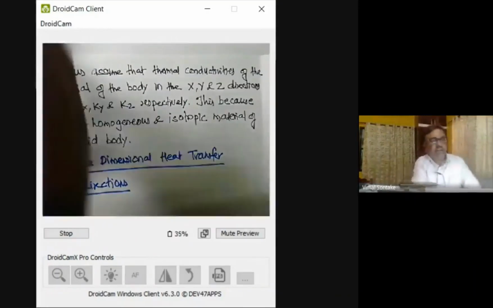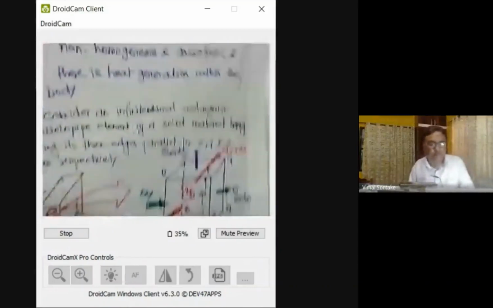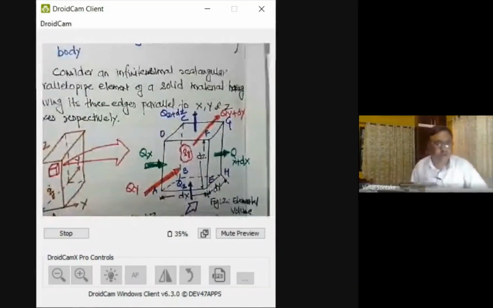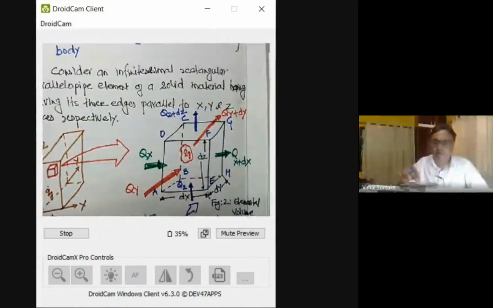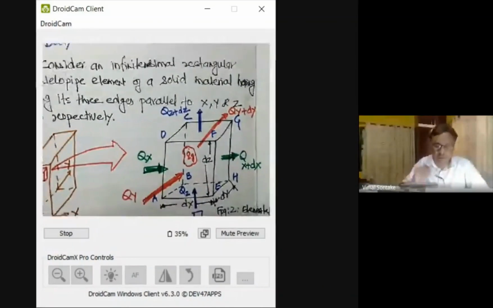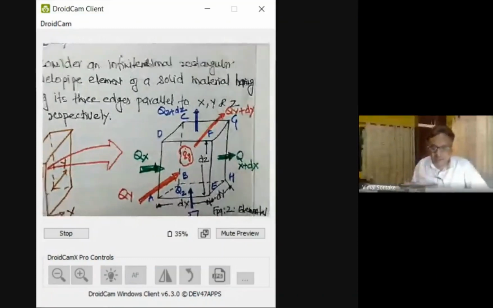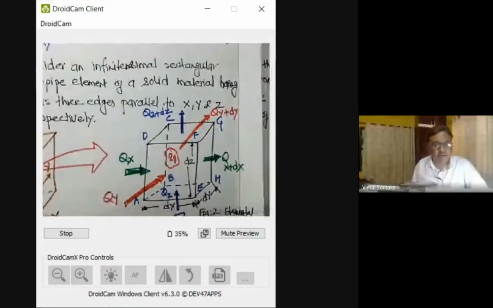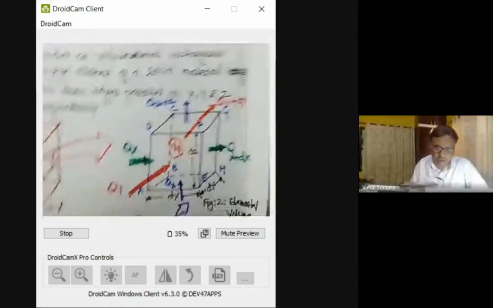Now, as you can see in this diagram, the heat transfer in the x direction takes place perpendicular to the two faces.